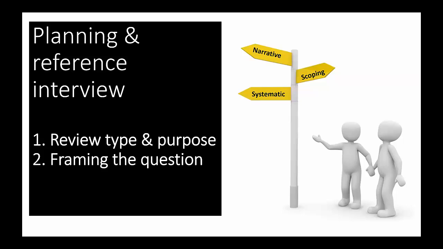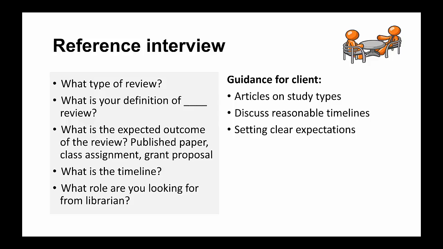So this is where you're trying to listen to what's happening. You're trying to ask them lots of questions to figure out that review type, to frame their question. And so everybody's got their own style of doing this. Sometimes my client will come and they'll say, oh, I would like to do a systematic review.